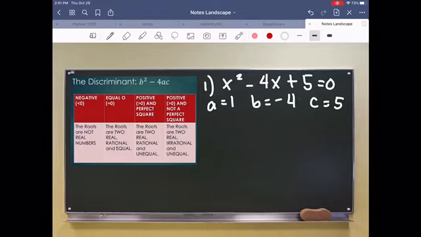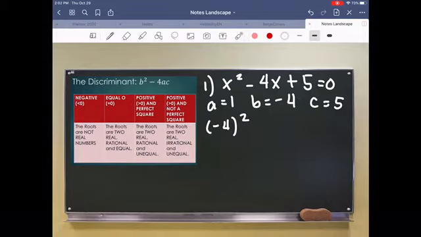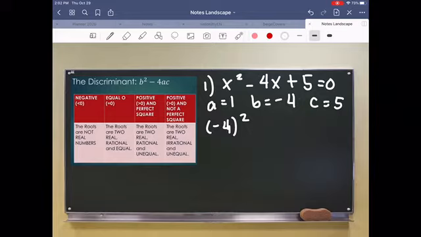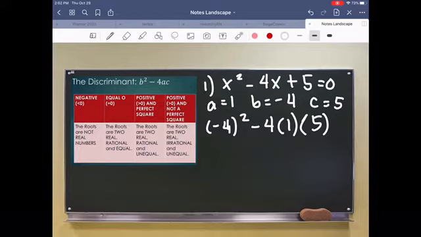So, ang first thing na gagawin natin is identify natin yung a, b, and c. So, dito sa example, ayan na, sinulat ko na. Okay, and then we substitute sa discriminant. So, b squared, so this is negative 4 squared, minus 4a, which is 1, and then c, which is 5.